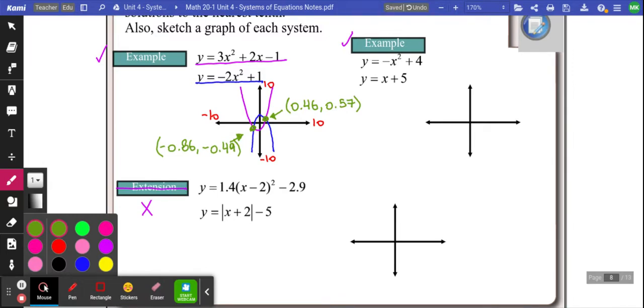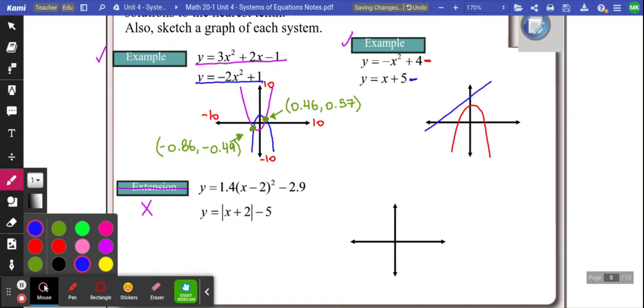Easy peasy. Second equation, if you graph that thing, this first one should look like this. That's tilted a bit to the right. And the second equation, if you graph it, should look something like this, I think.